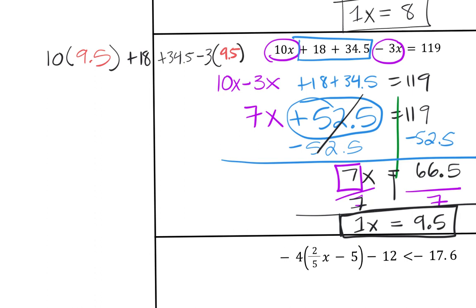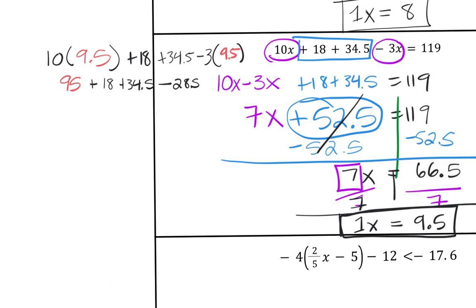So I just substituted 9.5 in for x. Then I have to do the multiplication. 10 times 9.5 is 95. Plus 18 plus 34.5 minus 3 times 9.5 is 28.5.